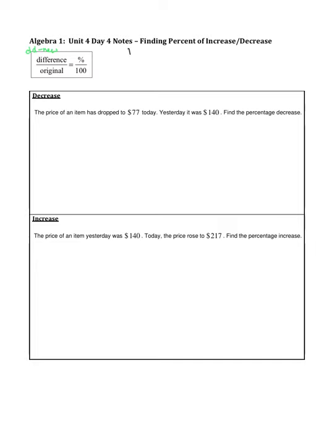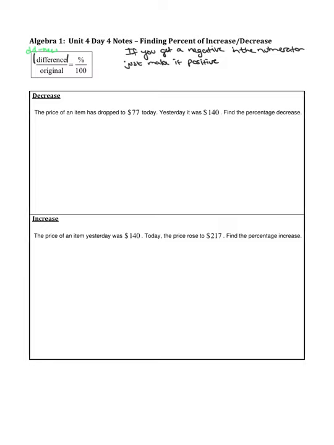So, if you get a negative in the numerator, and you're going to love this one, just make it positive. Because it's almost like saying the absolute value difference, all right? Because we want the amount, like the distance.